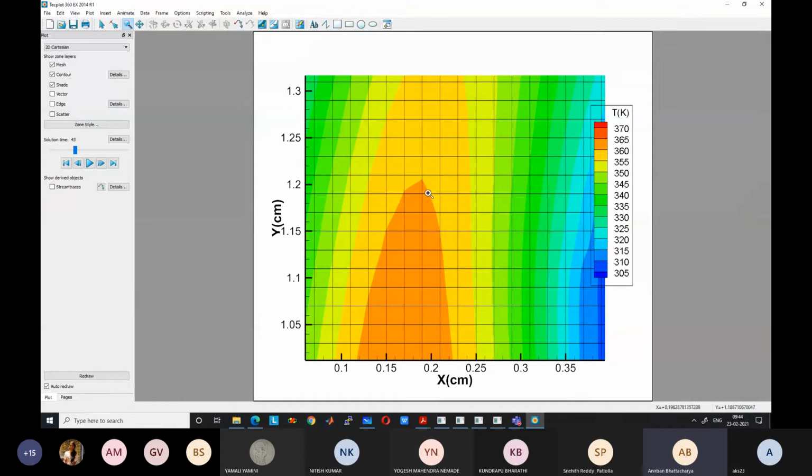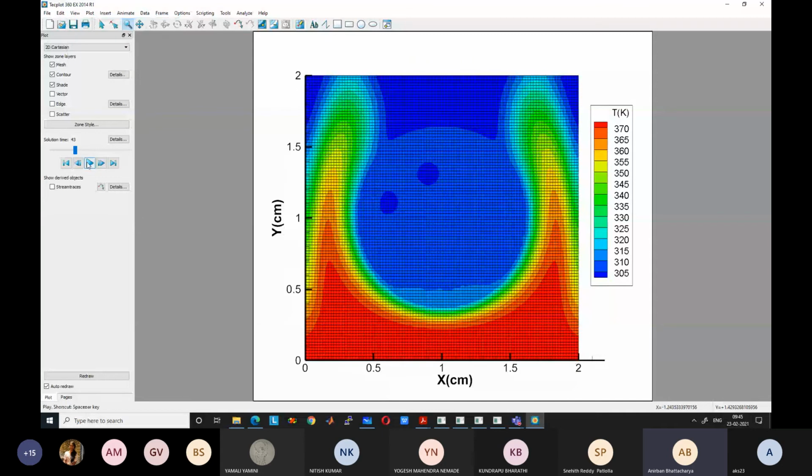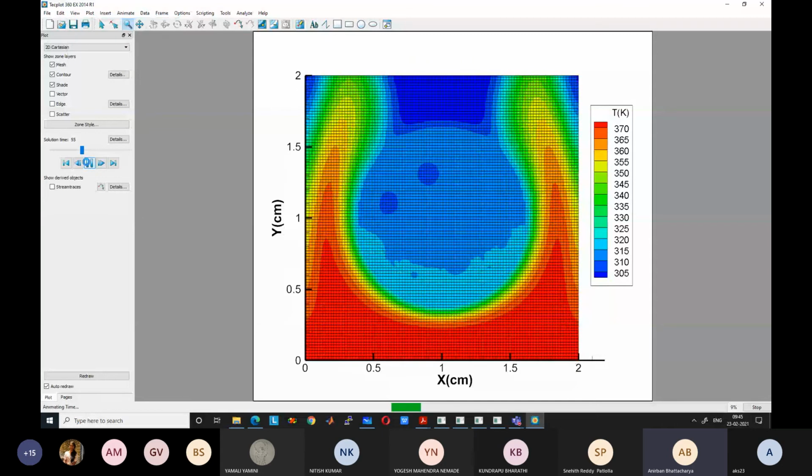The software gives you discrete values. This is just interpolation while plotting, so that the figures look nice. This is for some problem which I was describing yesterday.